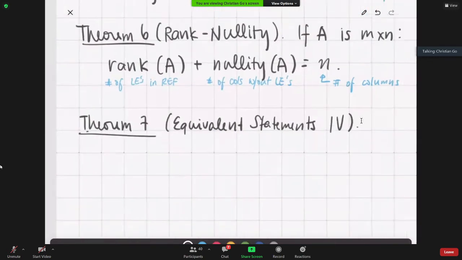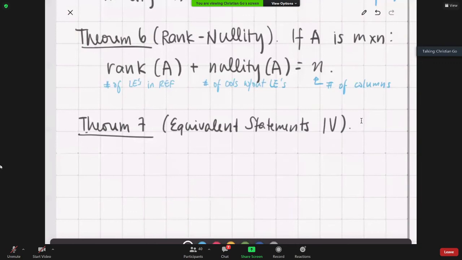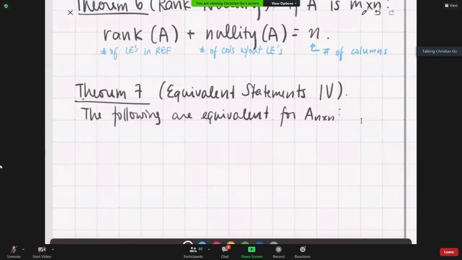Okay, equivalent statements. The following are equivalent for an n by n matrix A. We already know the first: A is non-singular. Second, A inverse exists. We've already heard this so many times.